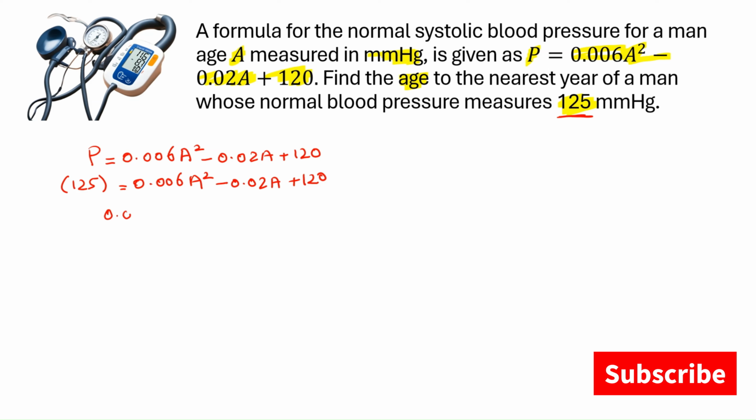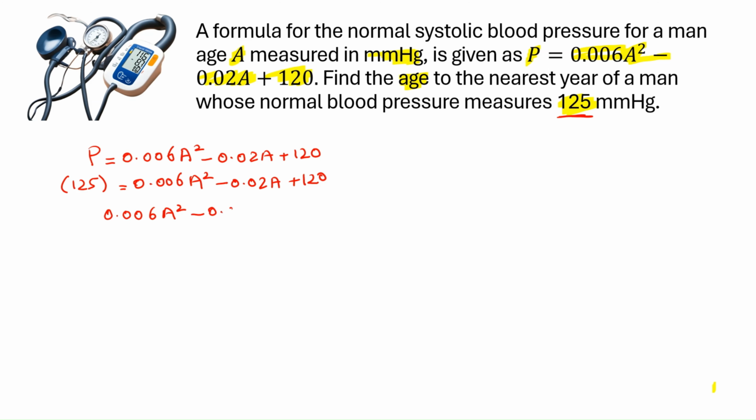So we get 0.006 A square minus 0.02 A plus 120 minus 125 equals 0. What we have done here is subtract 125 from both sides of the equation. On the left hand side it gives the 0 value, and on the right hand side it is added as negative 125.